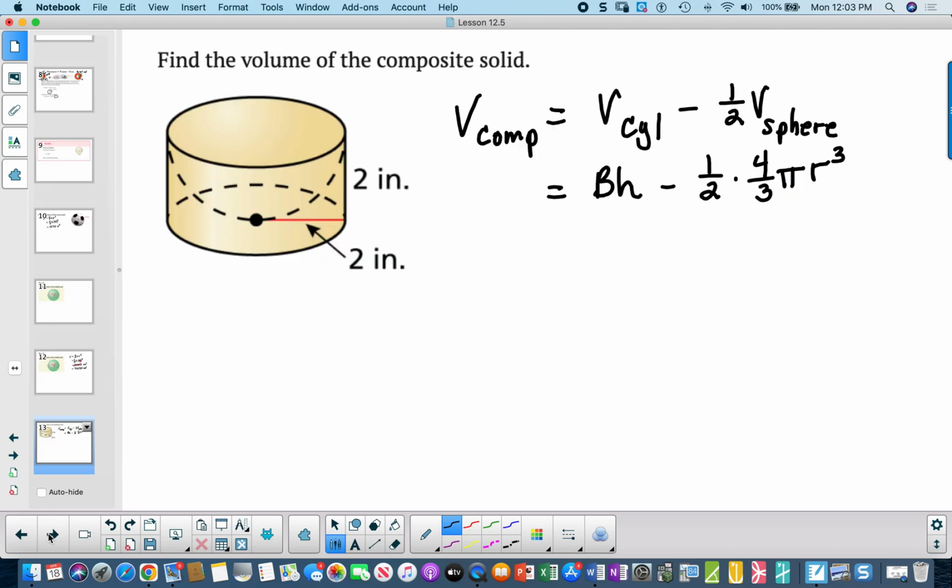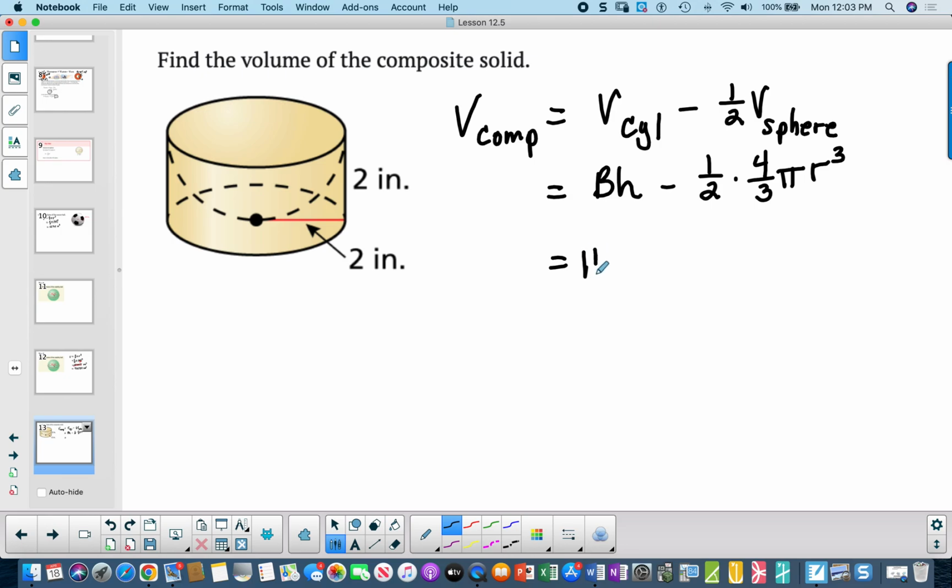Okay, let's find the volume of a composite solid, and this part is being scooped out. So the volume of the composite is the volume of the cylinder minus half the volume of a sphere. Now the volume of a cylinder is the area of the base. Remember, it is a circle, and it's telling us what our radius is.